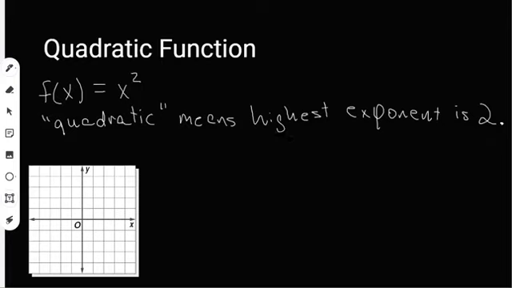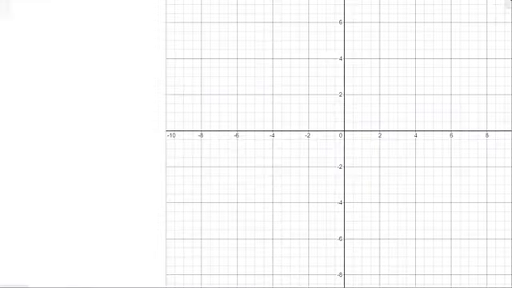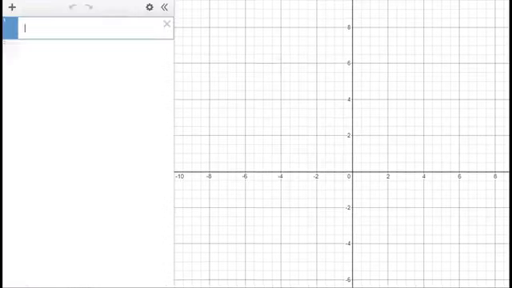Okay? So what does this function look like when you graph it? Well, I'm going to pop on over to Desmos to show you how it's done. I can graph whatever I want on the left side of the screen.